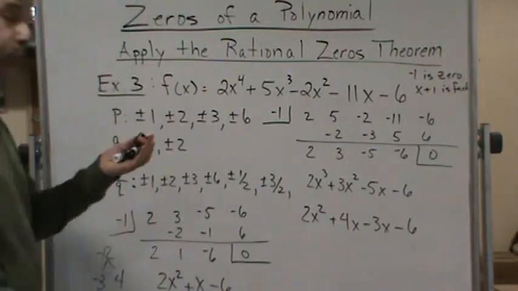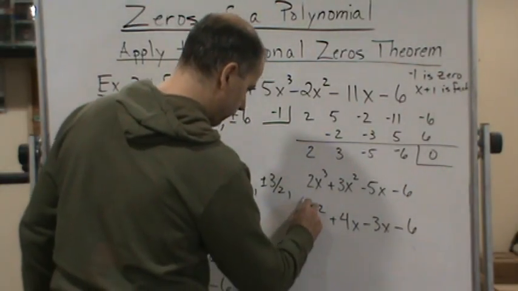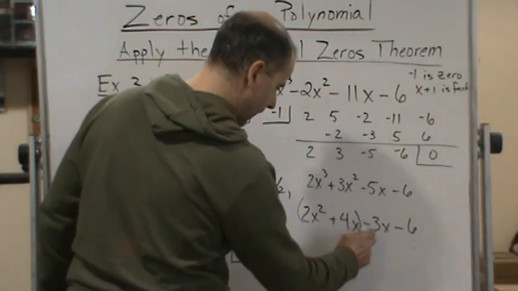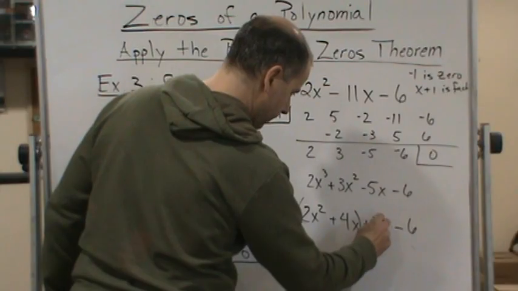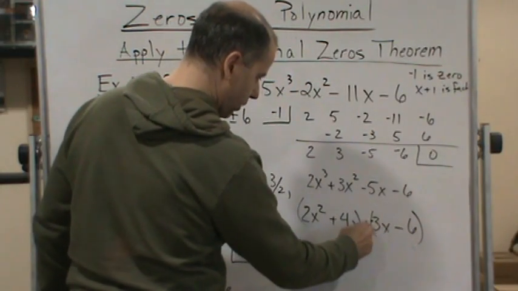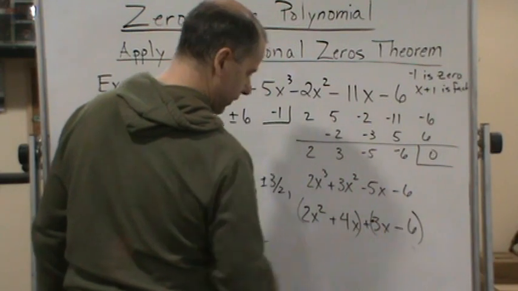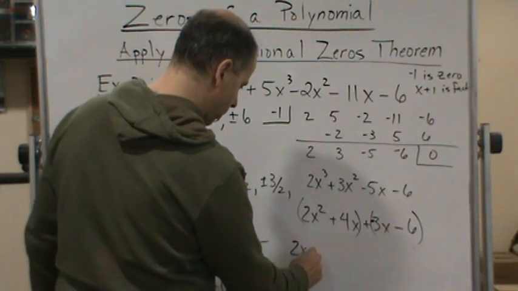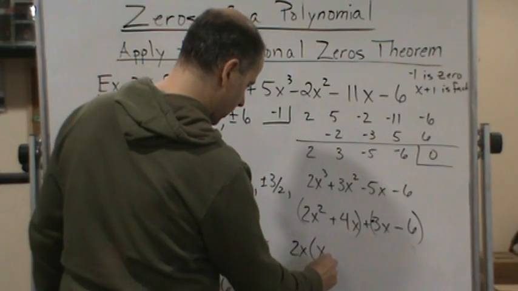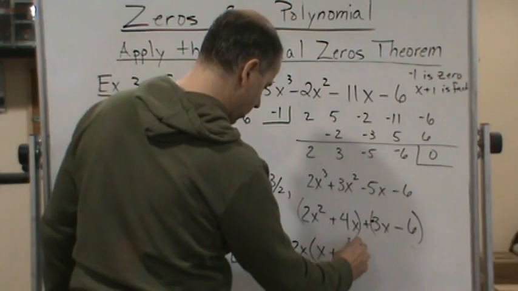Now at this point, it's factored by grouping. I'm going to group the first 2 terms and the second 2 terms, but if you do it this way, make sure there's a negative on the 3. Now I'm going to factor out a 2x, which gives me x plus 2.